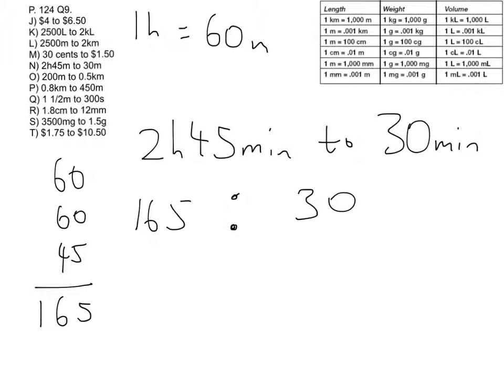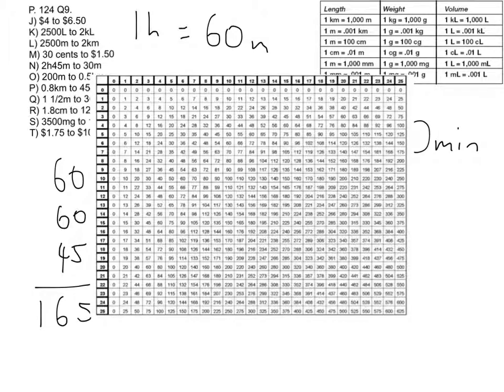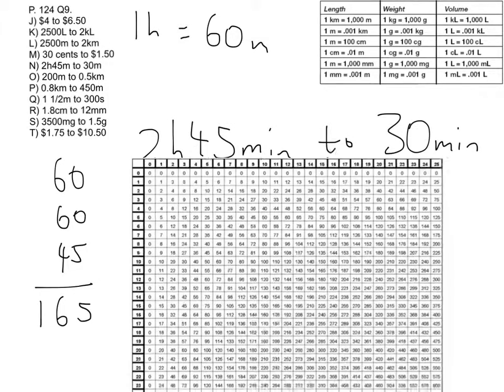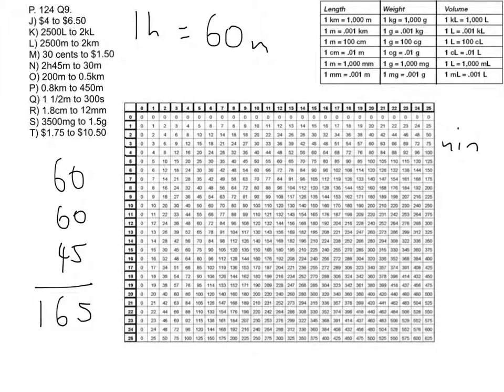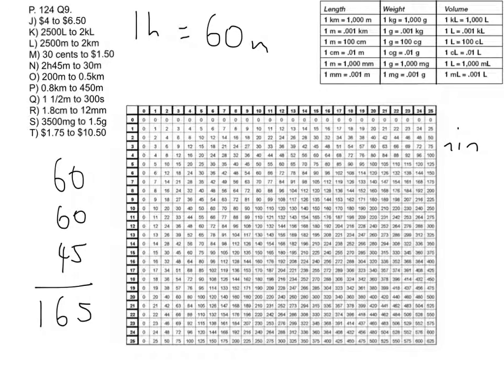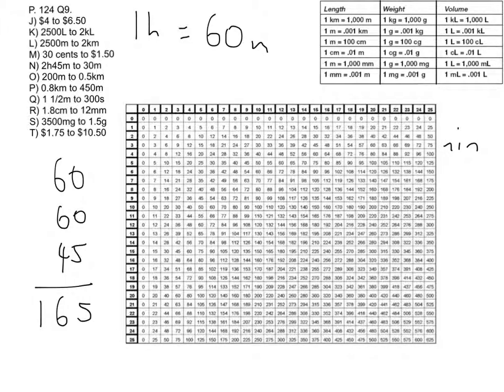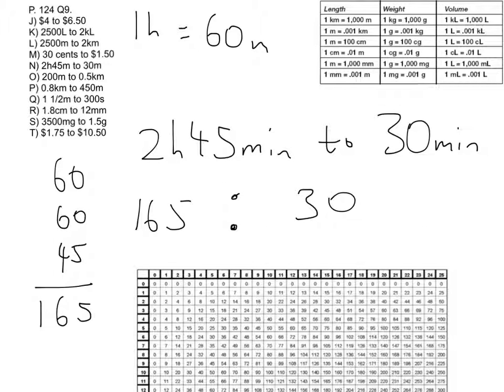Okay, so what's the highest common factor for these two numbers? Well, let's bring up our times table. Okay, so we are looking for the number 30 and the number 165.